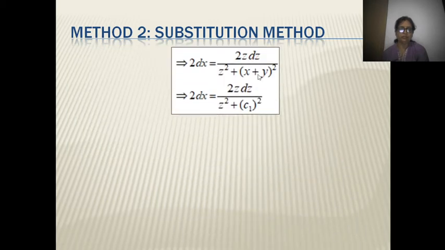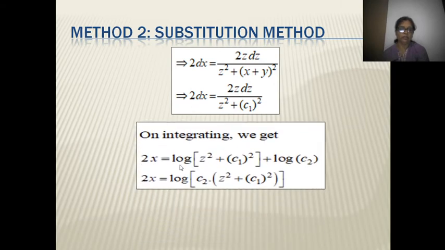Then we get this term and here we adjust 2, because we multiply both sides by 2, because the derivative of this denominator term z square plus c1 square is 2z. Therefore we adjusted here 2. Then on integrating we get here 2x, then the derivative of the denominator term is in the numerator, therefore log of this term, and here a log term, therefore we consider the constant value as log of c2.